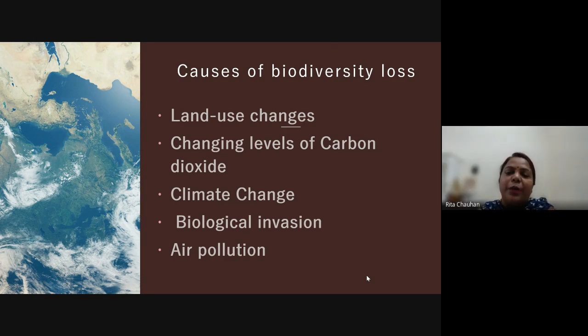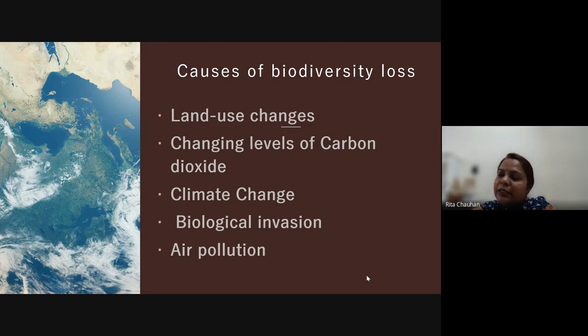Because of these changes there are a lot of diversity changes also. When the temperature increases, many species are not able to survive at that temperature. So the diversity will be lost, and many plants and animals will die and will not come back into the system.